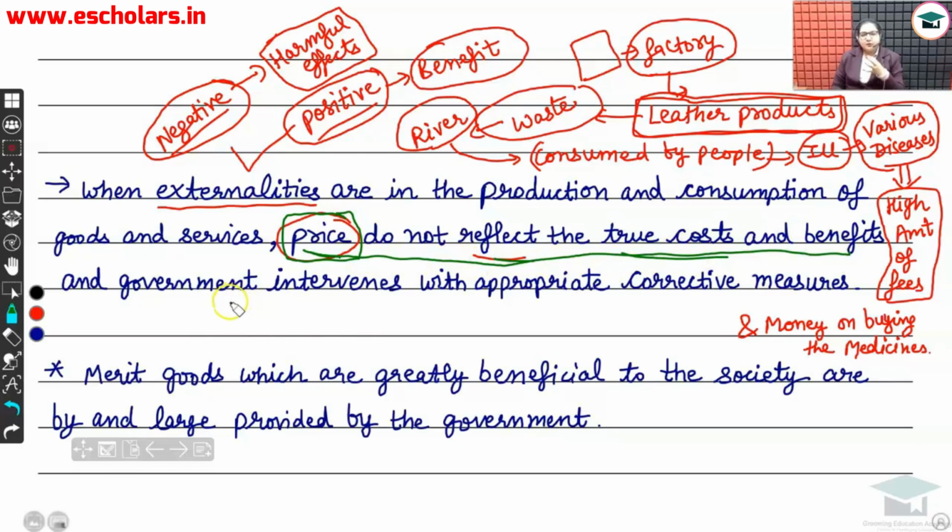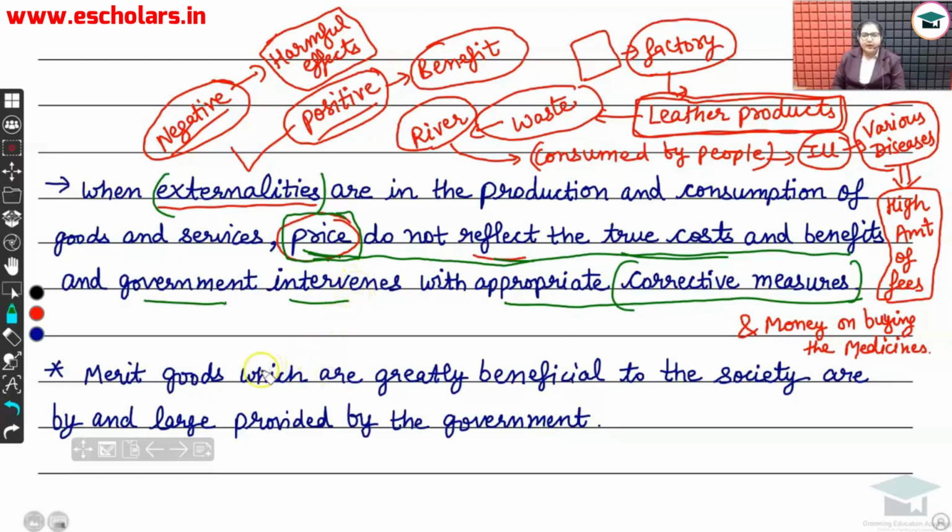Okay. So externalities lead to market failure because the price does not reflect the true cost and benefits due to positive and negative externalities. So that's why there is a need for the government to intervene with appropriate corrective measures, in order to consider these negative and positive effects in the prices which are charged for goods and services.